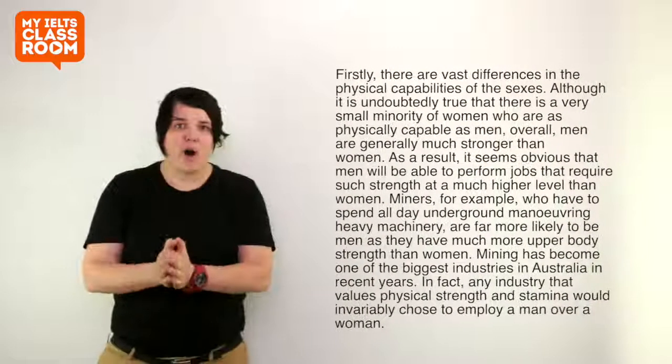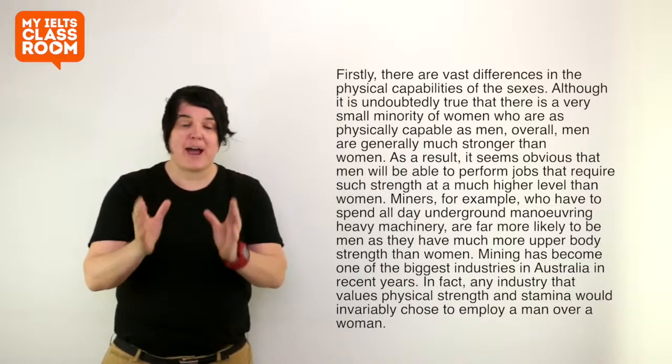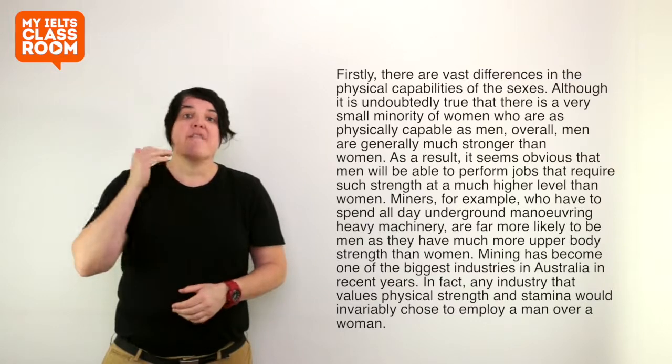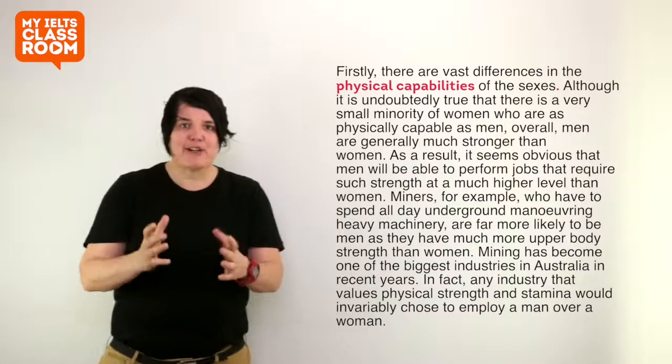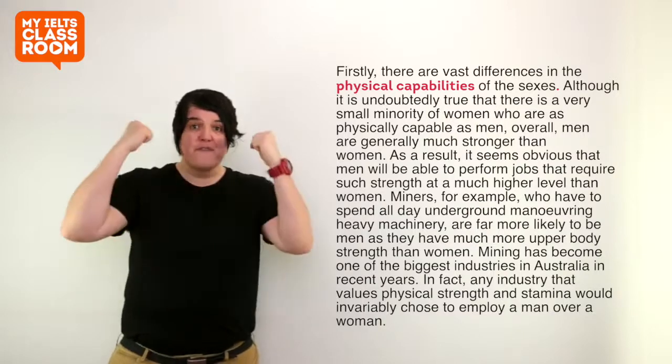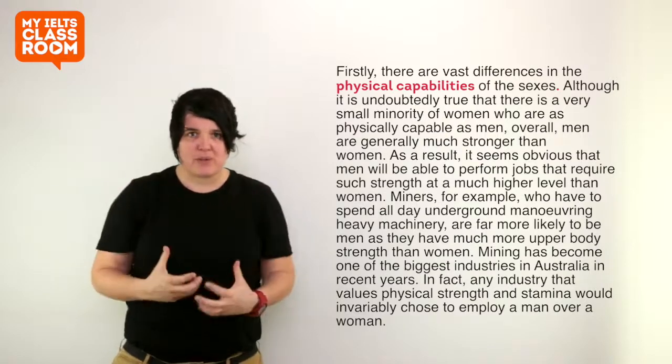Good. Let's look then at the first paragraph. What do you think was the main topic of the first paragraph? Physical capabilities. This whole paragraph talks about the physical differences between men and women, the differences in their body.